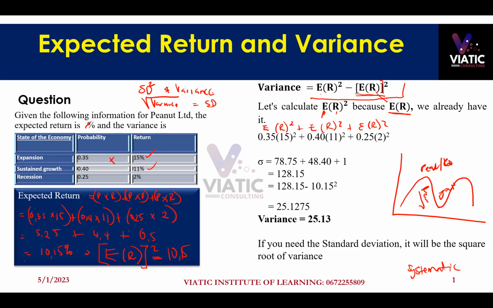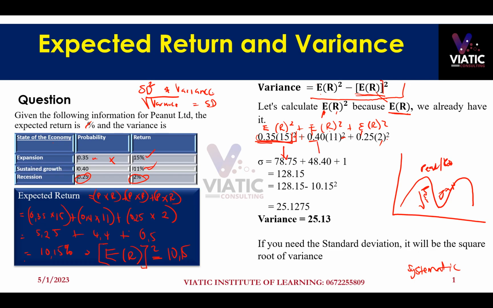So our E is the probability 0.35 multiplied by 15, which is the return squared here. Then you also say plus 0.4. 0.4 is our E multiplied by our R, which is the return of 11% squared here, plus 0.25, which is our E, the probability, multiplied by 2, which is our return here, squared. If we calculate this part, we are going to get 78.75.